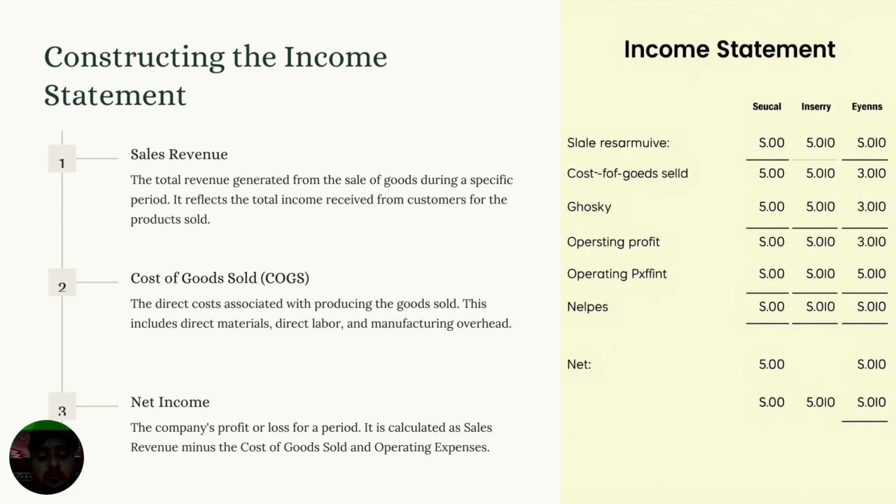Second one is cost of goods sold. These are costs like direct material, direct labor, and FOH that are used for production, and that are used as expense for the production of goods.